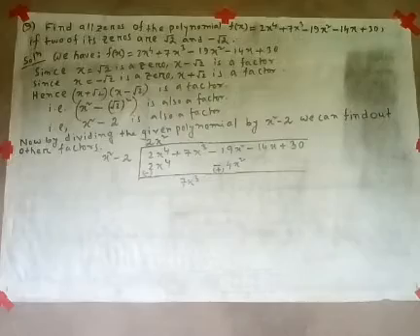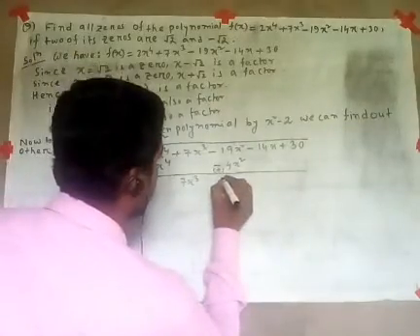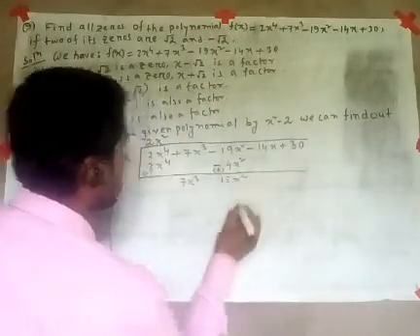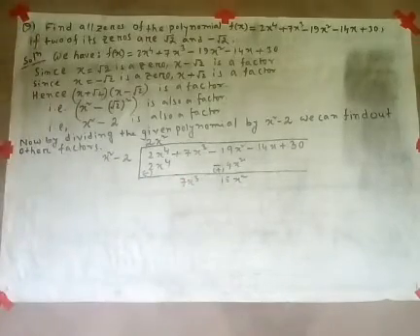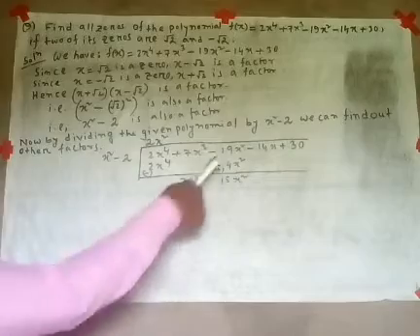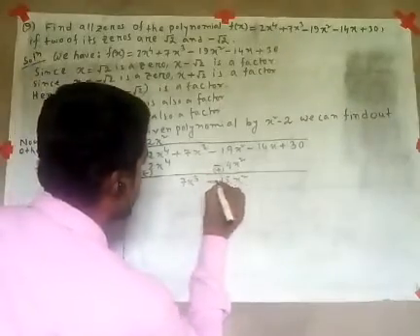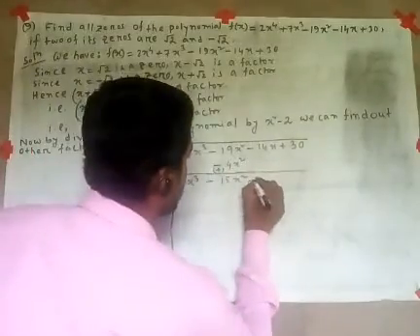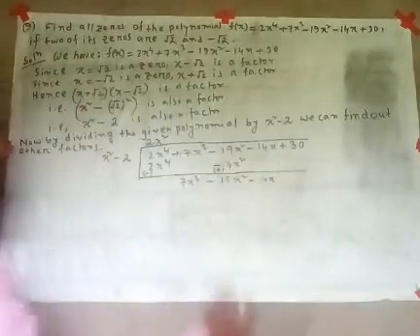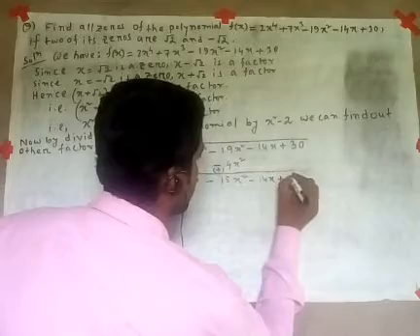It means 19 minus 4, how much? 15x square. Since 19 is the greater number and its symbol is negative, we put a negative symbol. Then the remaining part is minus 14x plus 30.